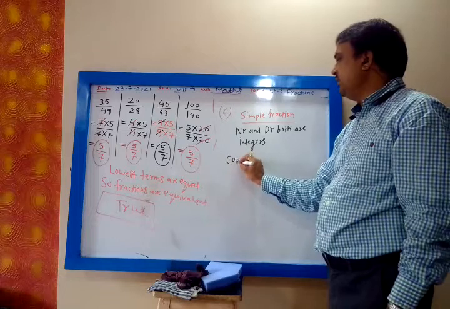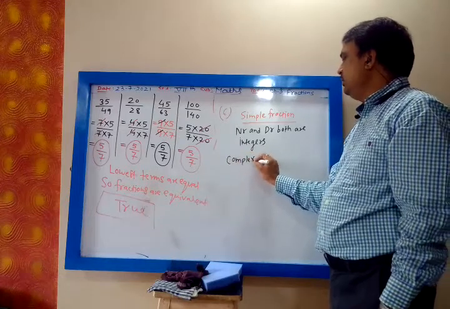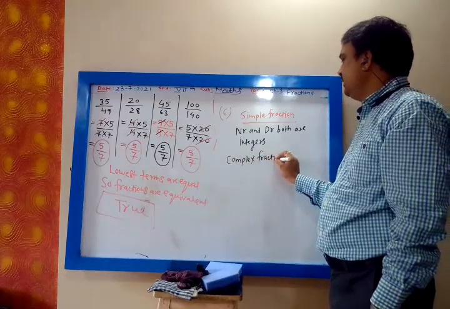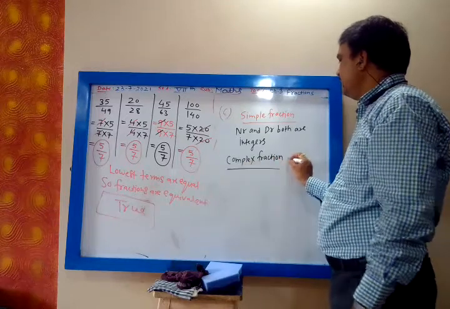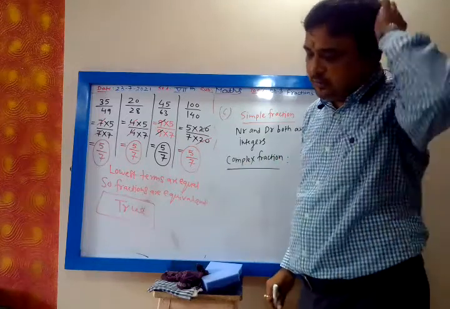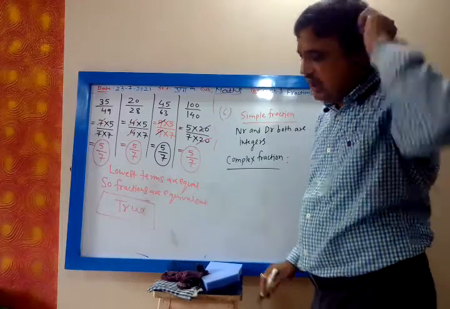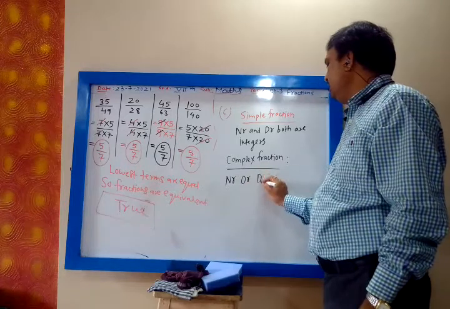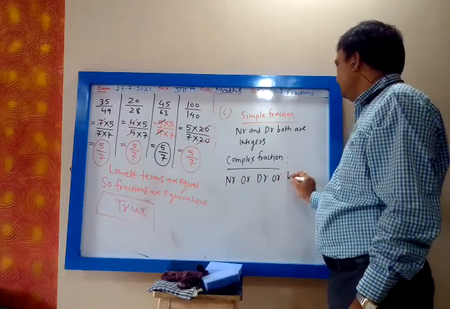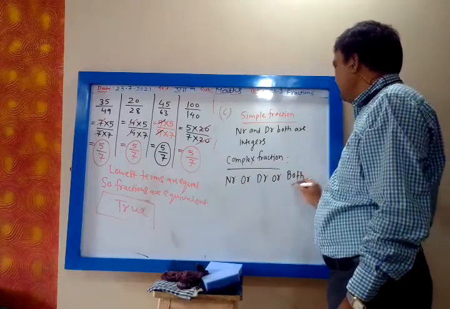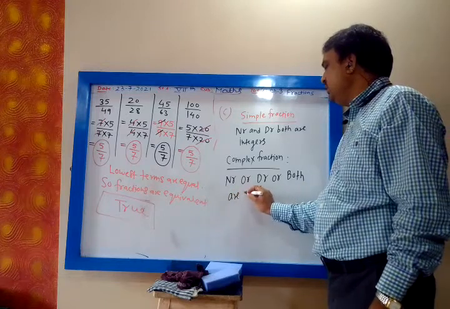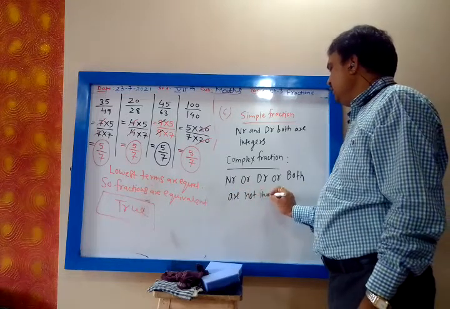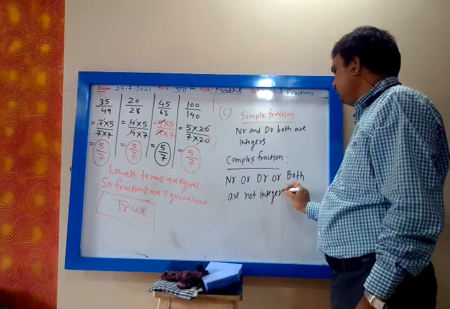Then complex fraction means numerator or denominator or both are not integers. What are the integers? Tell me.